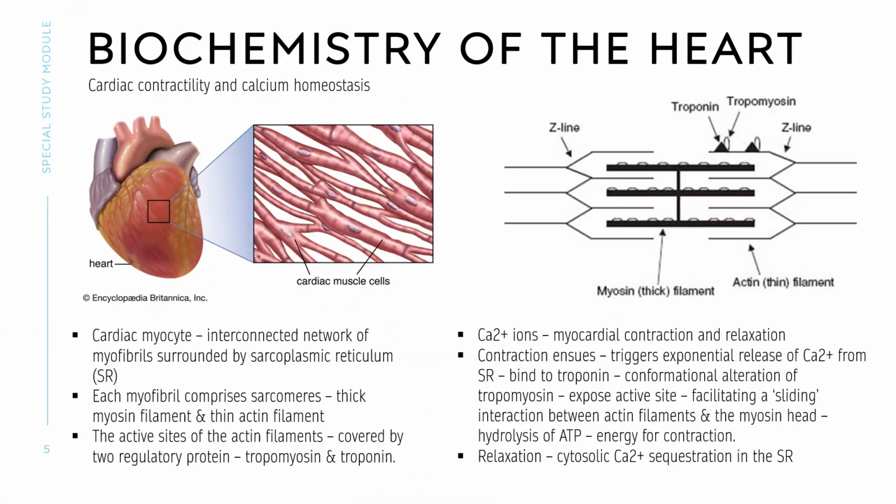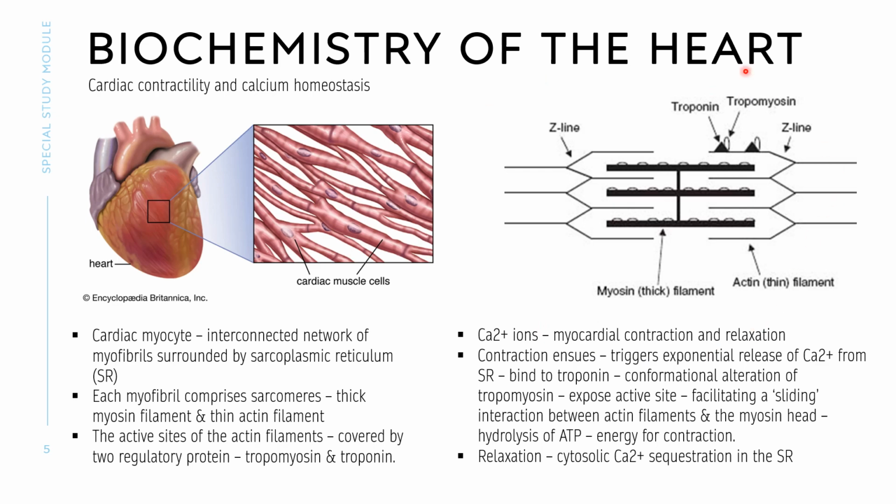Next, I'm going to explain the biochemistry of the heart that involves cardiac contractility and calcium homeostasis. Generally, the heart is composed of heart muscles, and thus the septum of the heart also consists of heart muscles that will contract. The cardiac myocyte is an interconnected network of myofibrils surrounded by a sarcoplasmic reticulum.